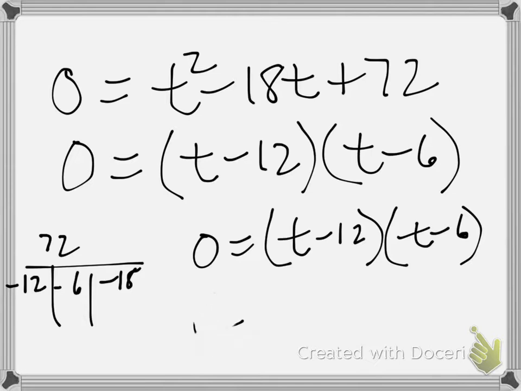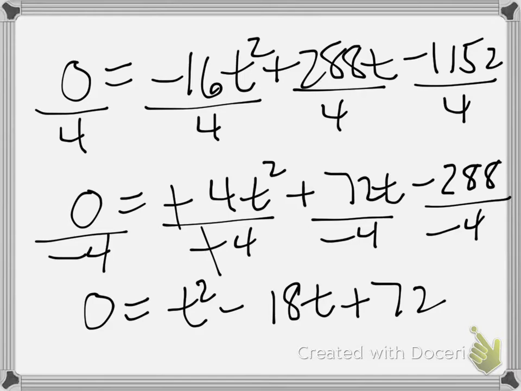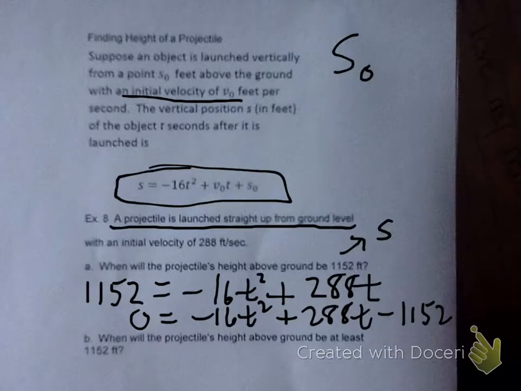Whoops. When you go to solve each factor, you get 12 and 6. Oh, that's interesting. Where did we make the mistake?